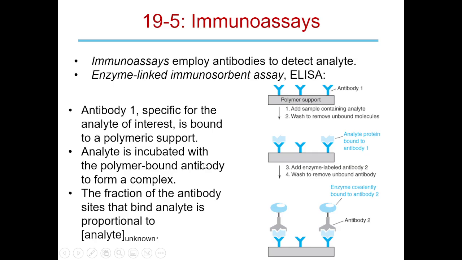Okay. So antibody 1 here is the polymer-bound one. That's specific for the analyte of interest. It needs to be bound to a polymeric support so it doesn't get washed through. Remember your mobile and stationary phases in your separations? That's all this is, right? We're setting up a stationary phase that can bind it.